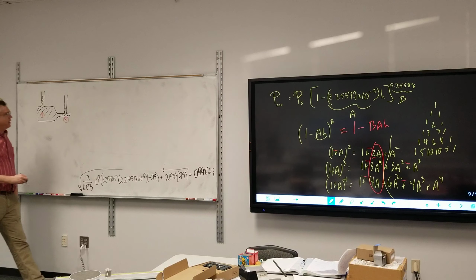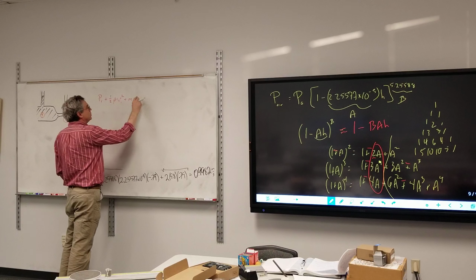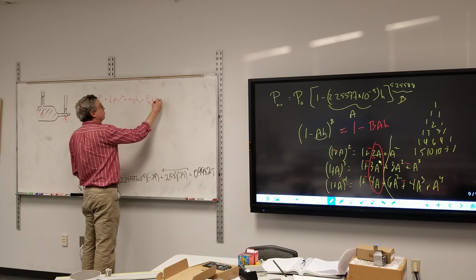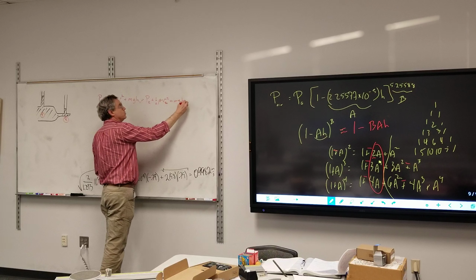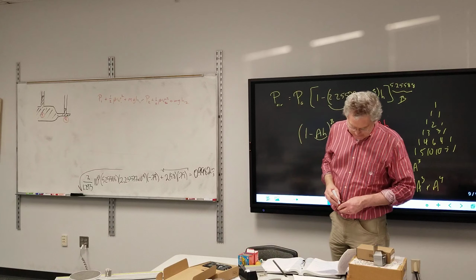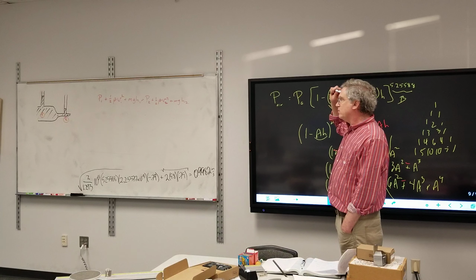And I know from Bernoulli that P1 plus 1/2 rho V1 squared plus mgH1 equals the same stuff, but with a 2 there, plus 1/2 rho V2 squared plus mgH2.